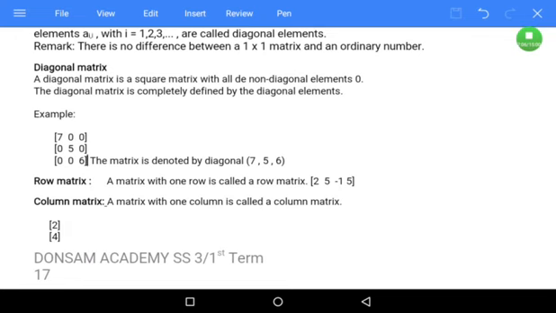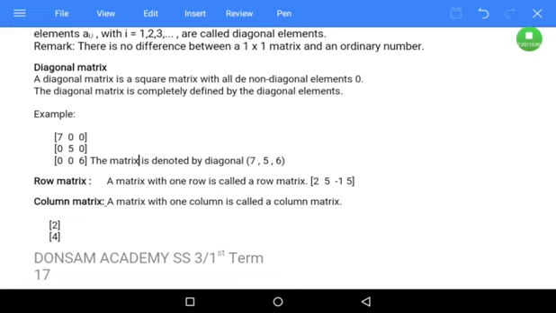While we have the minor diagonal as a line drawn from 0 here through 5 and ending at 0 here. That will give us the minor diagonal. While this is the major diagonal, drawn from 7 through 5 touching 6. Now you can see in this matrix we only have elements in the major diagonal, hence we call it a diagonal matrix.